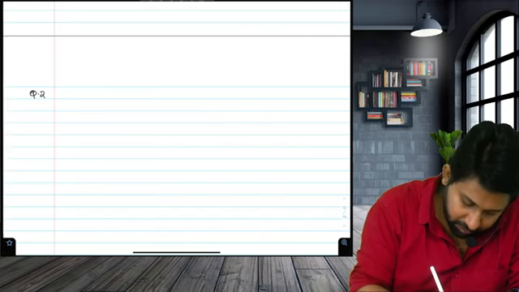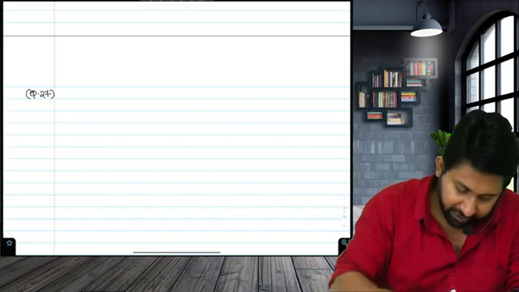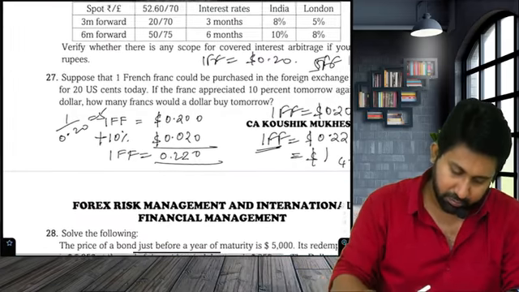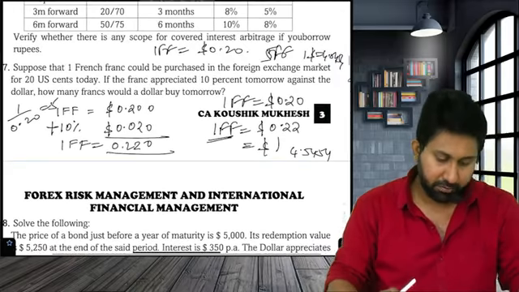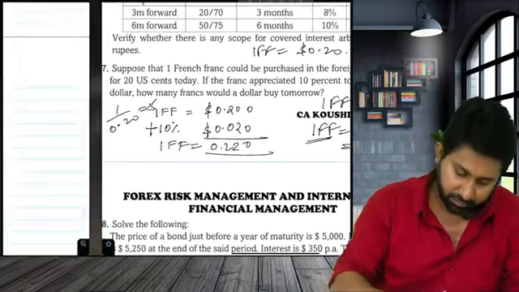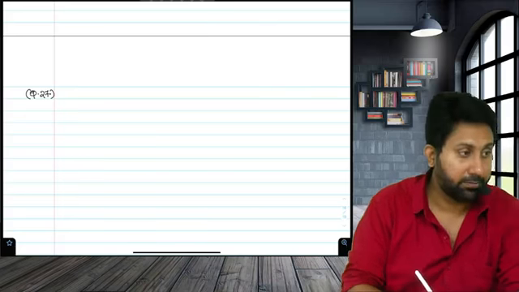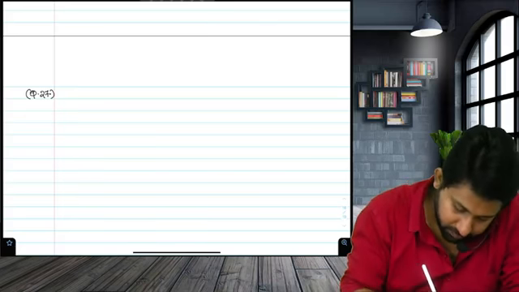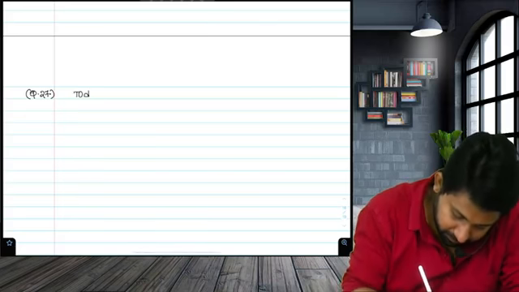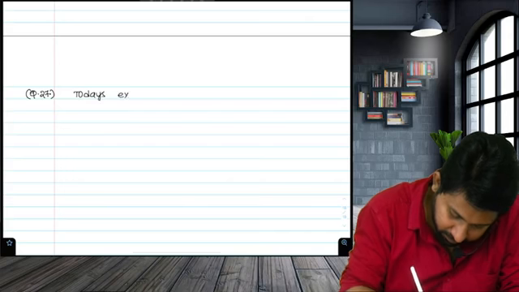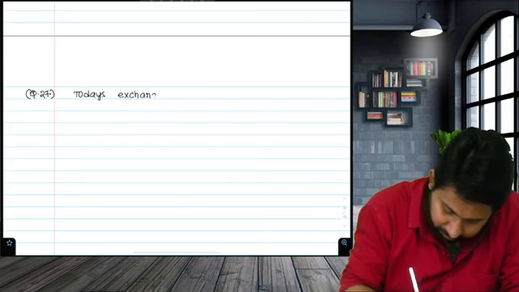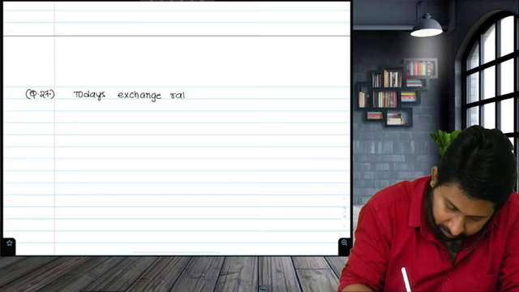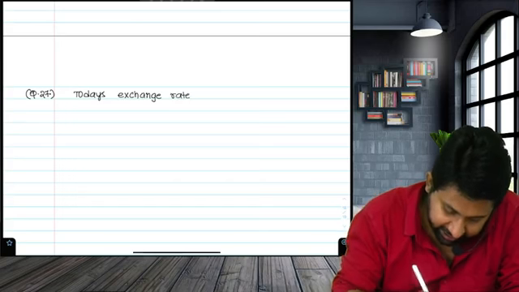Question number 27. Write down: today's exchange rate.